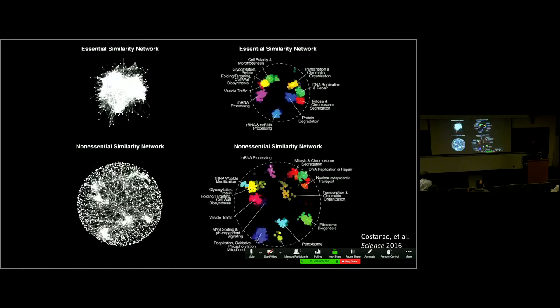And this has been really successful, most recently shown in this publication for all pairs of deletions in the yeast cell. And this has really given a phenomenal insight into cellular components and biological pathways in yeast.